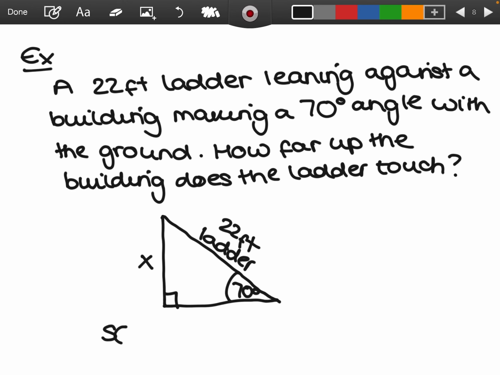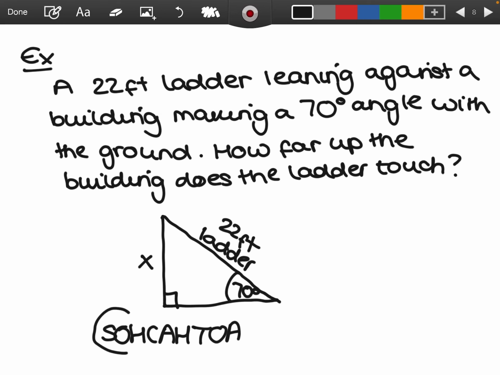I can go ahead and use SOHCAHTOA in order to do this. So if we go back to what we did in our last video, let's look at what we know and what we don't know. I want to know the opposite side to the angle. I have the hypotenuse and I have the angle.